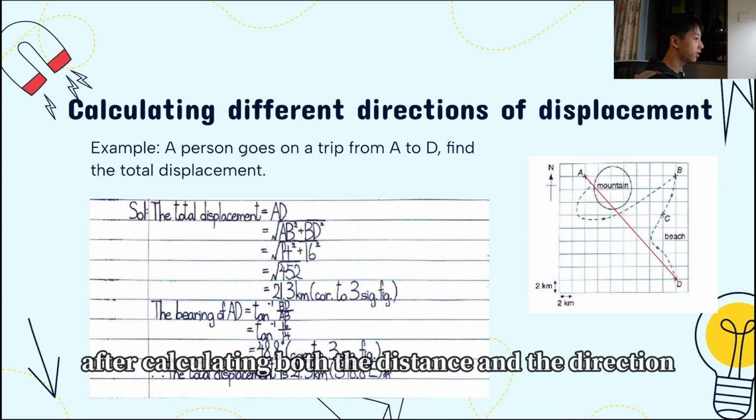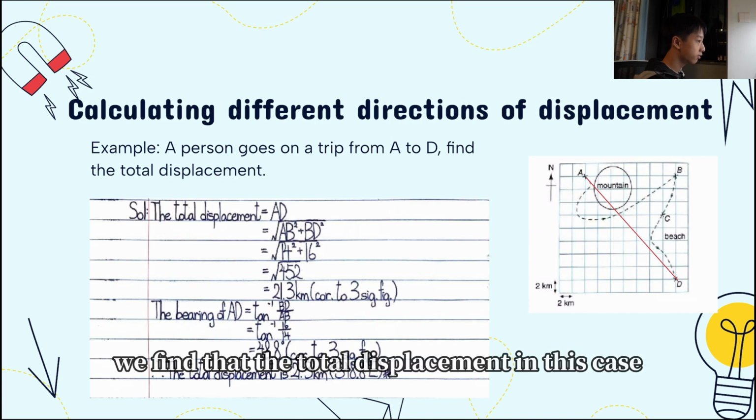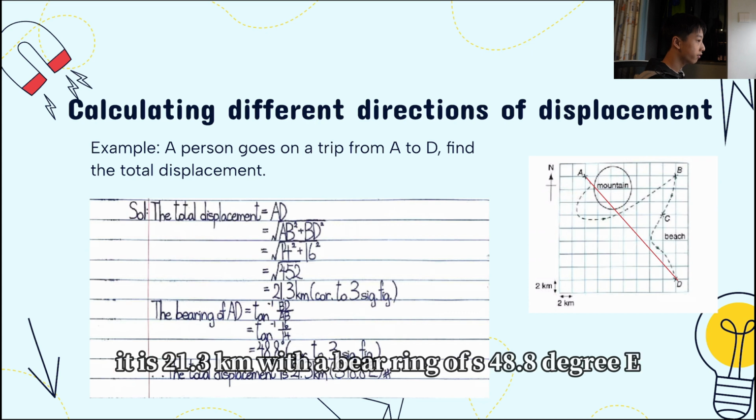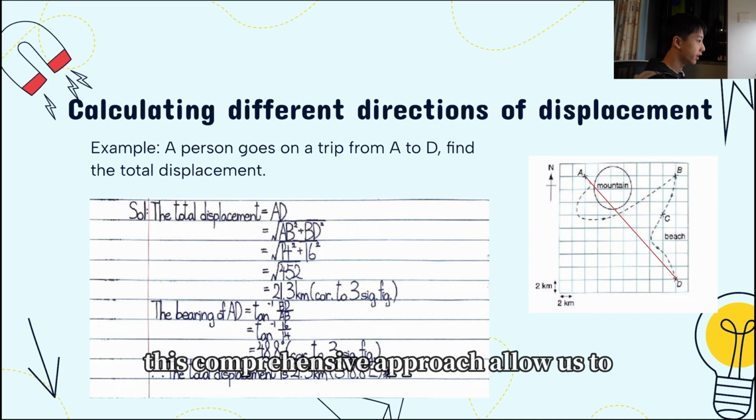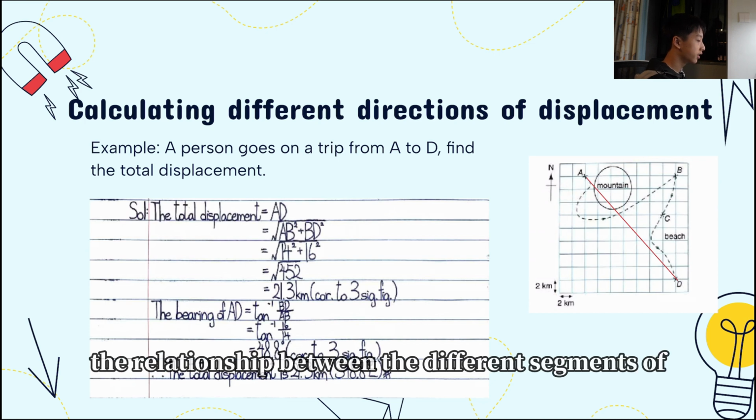Finally, after calculating both the distance and the direction, we find the total displacement. In this case, it is 21.3 kilometers with a bearing of S 48.8 degrees E. This comprehensive approach allows us to visualize the movement and understand the relationship between the different segments of the journey.